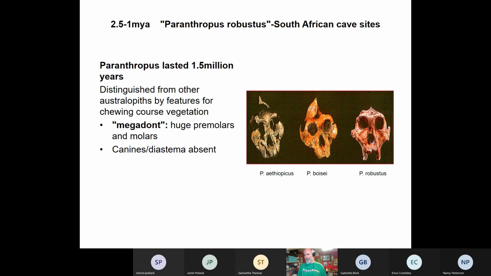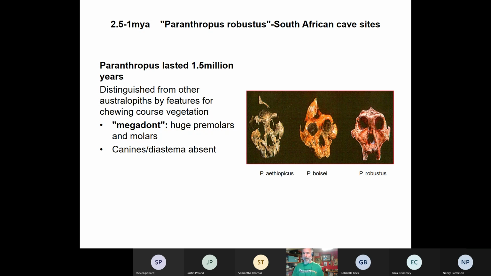I love these terms. Sounds like a dinosaur. It definitely is. It's kind of dramatic, to say the least. Huge premolars and molars, canines, diastema absent. So again, the dentition is a mixture of traits. Megadont meaning that it's very much derived towards eating very specific vegetation, probably plants and whatnot.